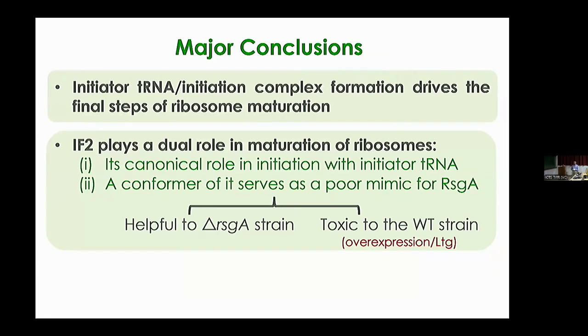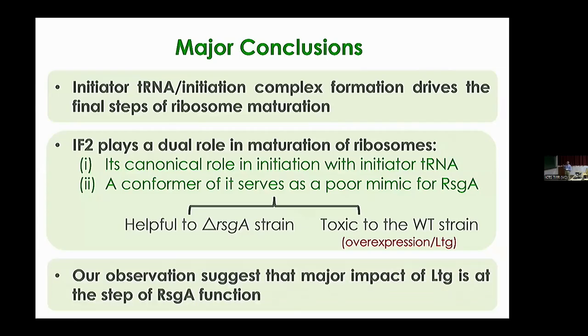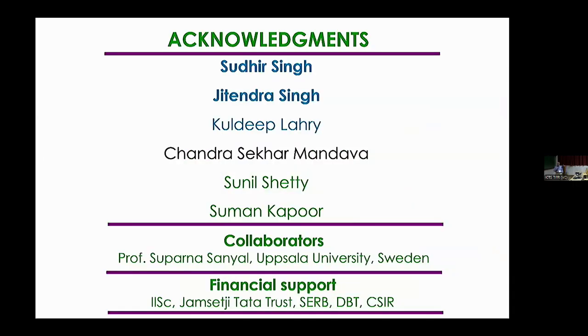IF2 plays a dual role. One is its canonical role in initiation, and a conformer of it serves as a poor mimic of RSGA. So it's helpful to the delta RSGA strain, but toxic to the wild type strain. And the observation suggests that the major impact of lamotrigine is at the step of RSGA function. With that, let me finish.